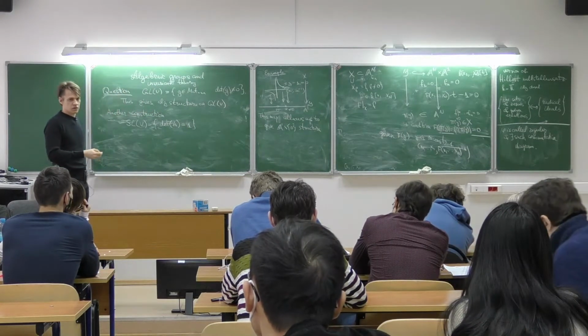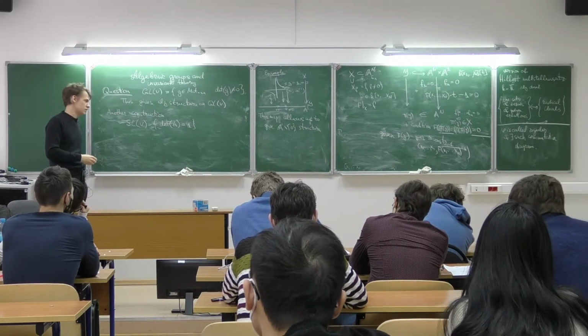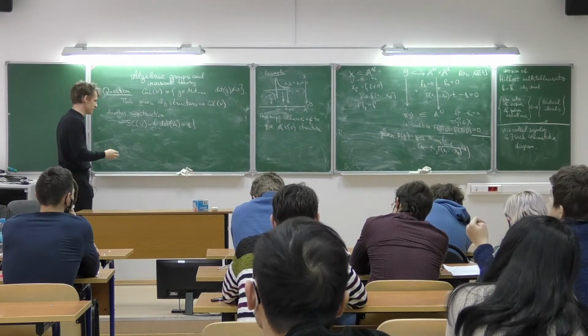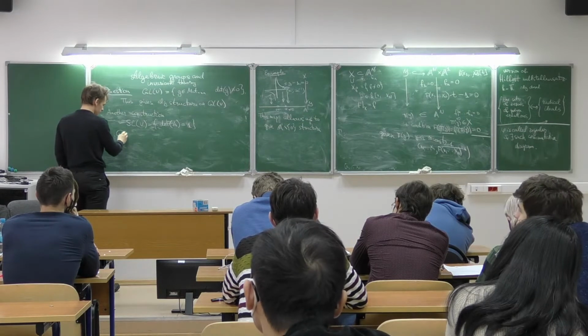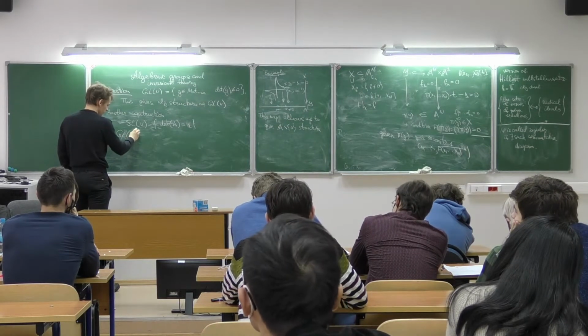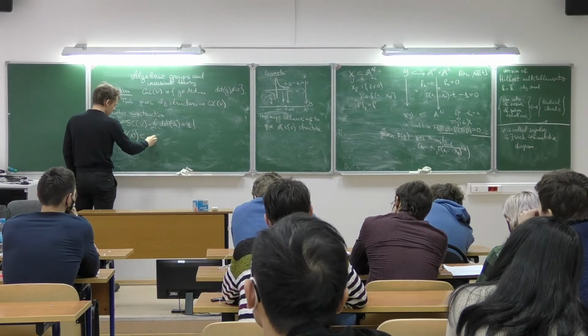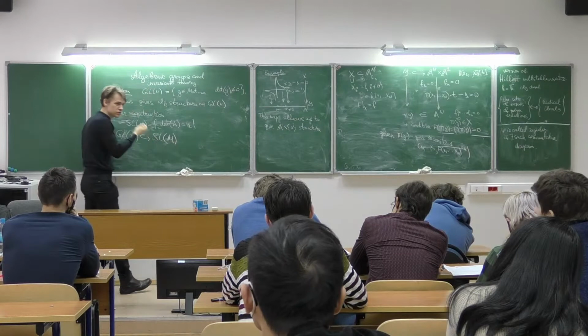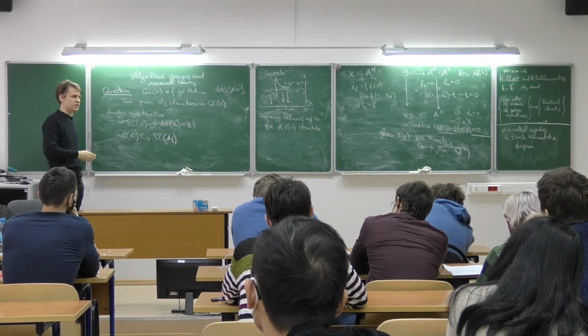So how do we put GLN in SLN? The idea is to put some GLN in some SLM as a closed subvariety. Yeah? So how can we put it?